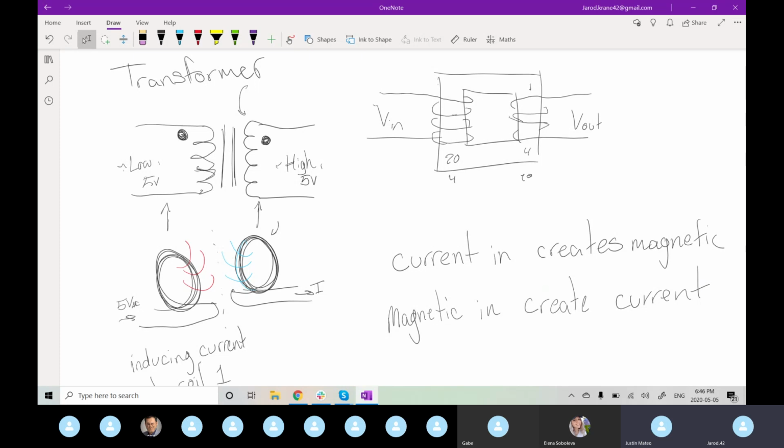So the actual transformer will look something like this, where it's laminated steel sheets creating basically a donut that coils off of one coil off the other, so that the induced magnetics goes through the metal, because the laminated steel sheets are better conductors for transferring the fields, whereas if you were to do, like for wireless charging, how it's just through air, air is a much weaker kind of medium for the magnetic field to flow.